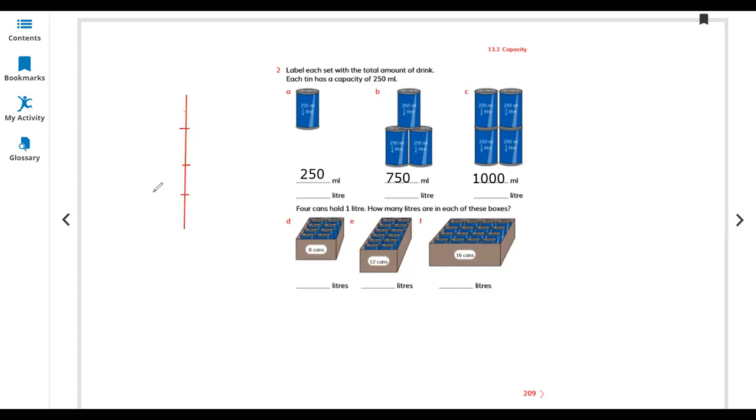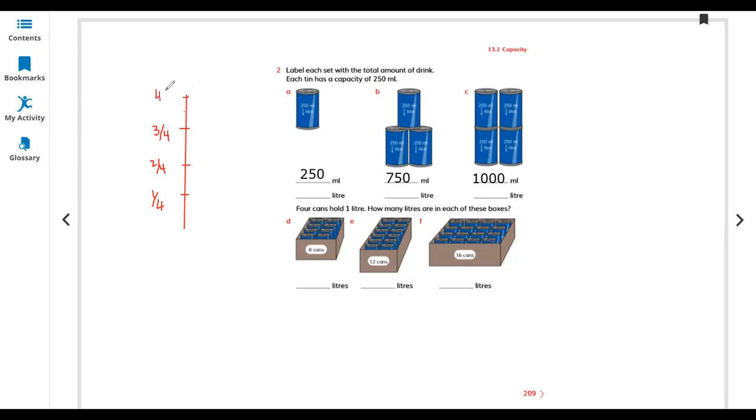So the first one is 1 by 4. Starting from 0, then 2 by 4, then 3 by 4, and then 4 by 4.